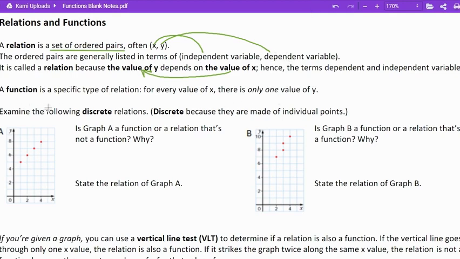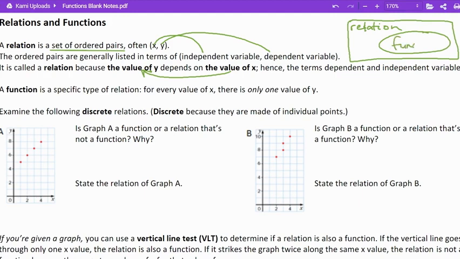Now, a function is also a relation, but a function is a specific type of relation. Remember we talked about the equation and the function? This is similar. A relation is all of this. A function is a specific type of relation.